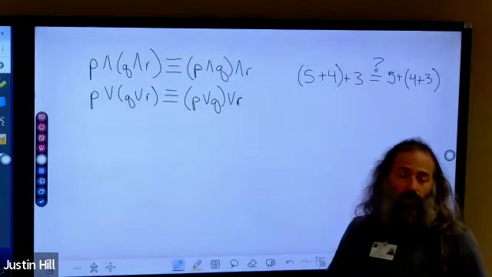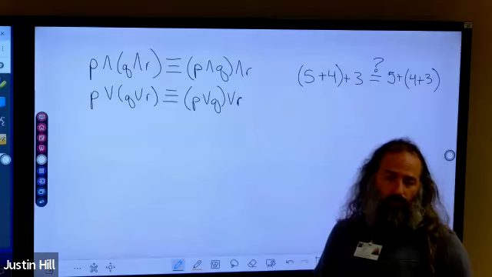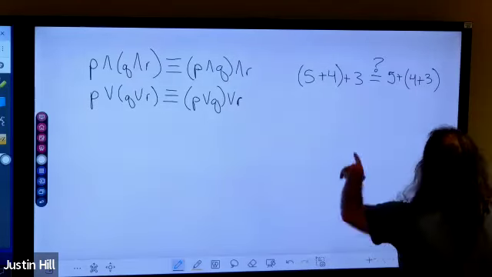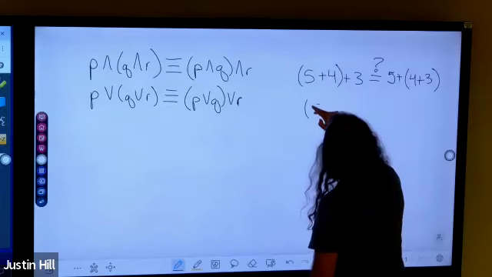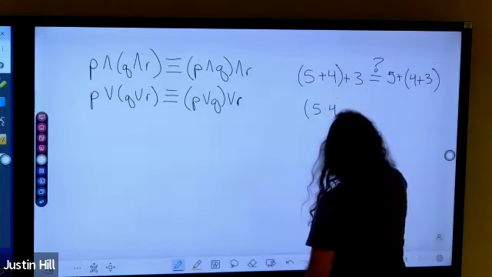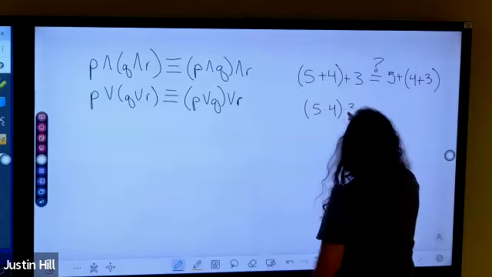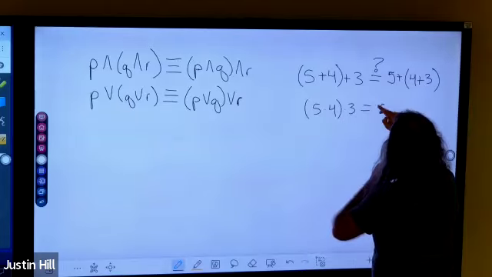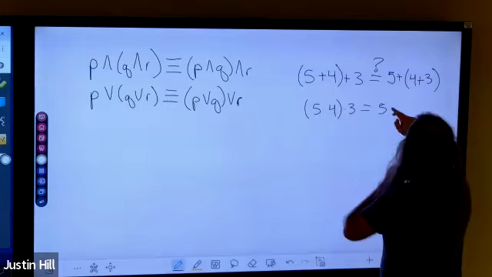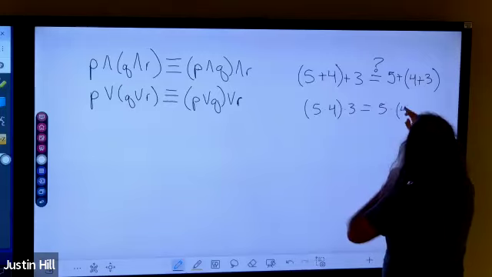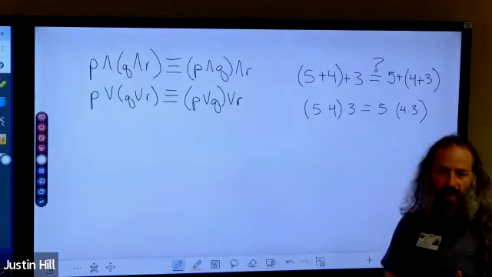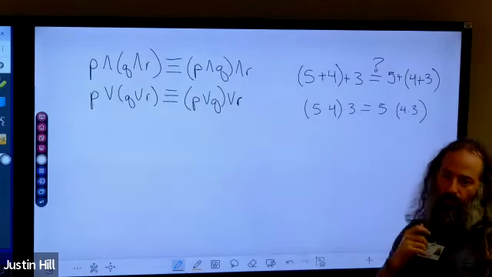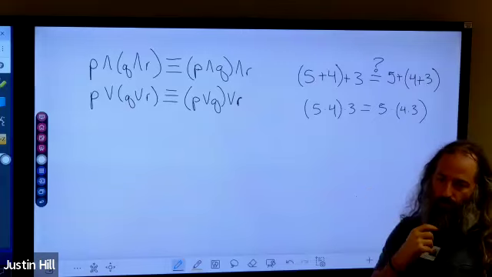That I do. We know that for both, not just addition, but we know that also for multiplication. So if I do 5 times 4 and then I multiply that by 3, I get the same result as if I do 5 times 4 times 3.